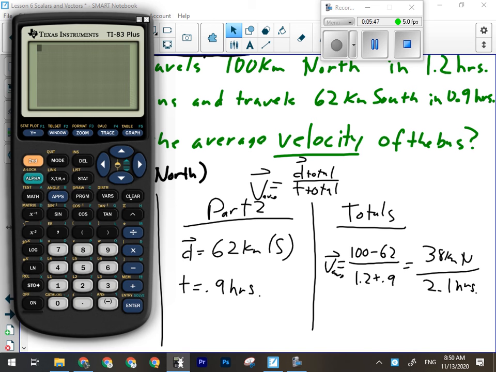So when I plug that into my calculator, if I'm doing the whole operation, it would be 100 in brackets minus 62, divided by 1.2 plus 0.9. Oh, I went times 0.9. No wonder that looked really weird.